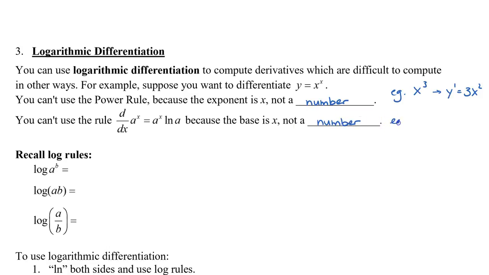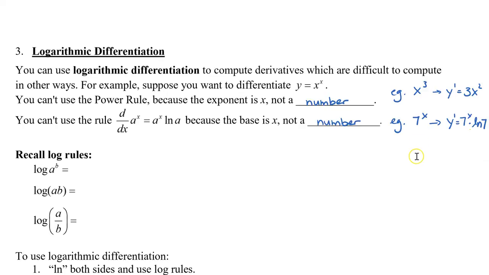An example of that would be the one where I gave you 7 to the power of x. The derivative of this would be 7 to the x times ln 7.